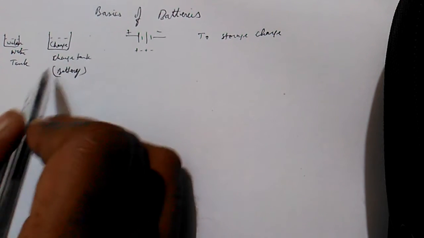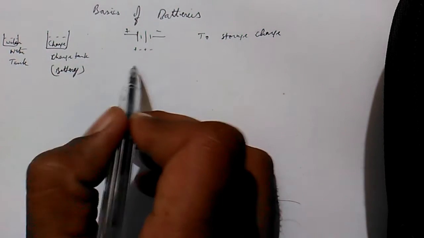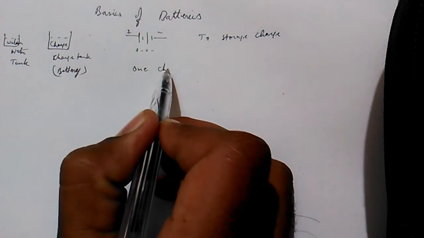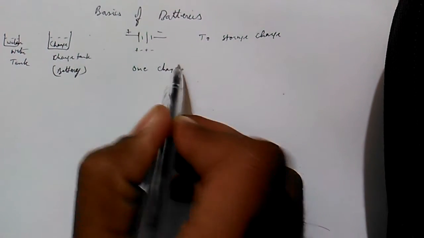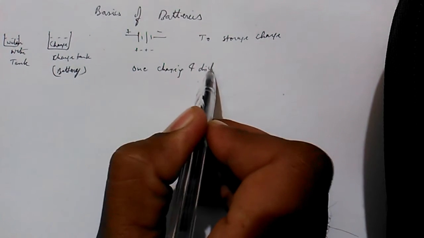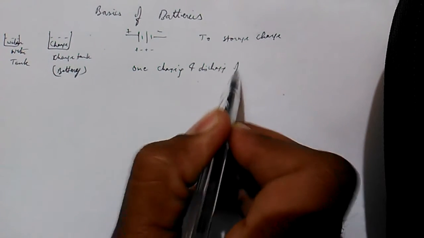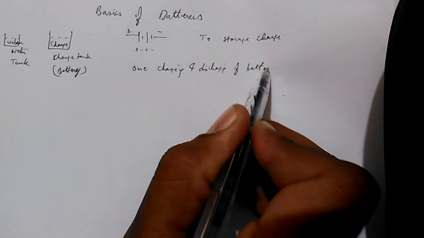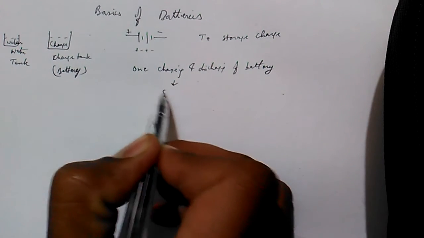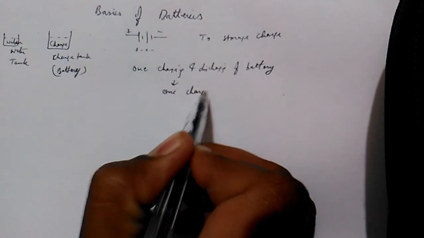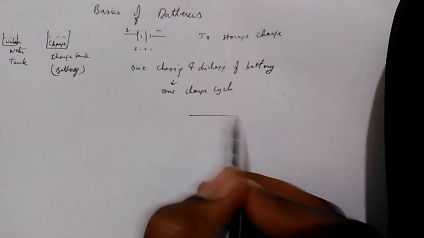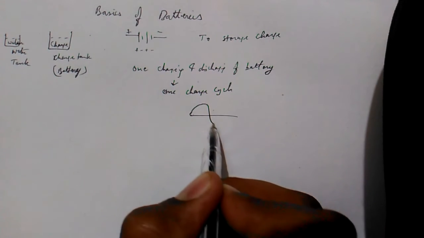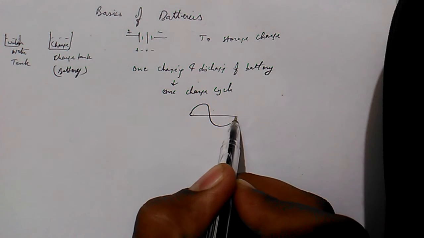Okay, so one charging and discharging of a battery is known as one charge cycle. Means one charging, one discharging, we can say.